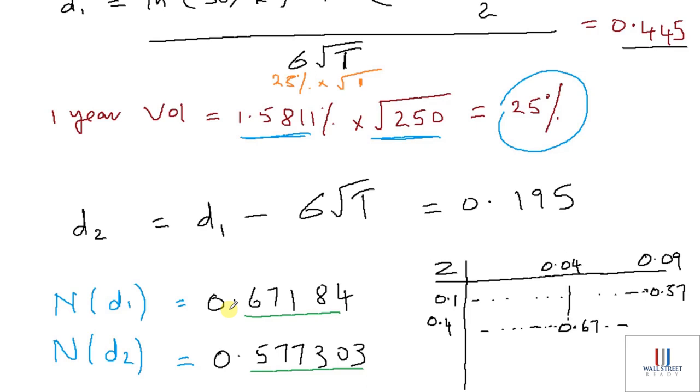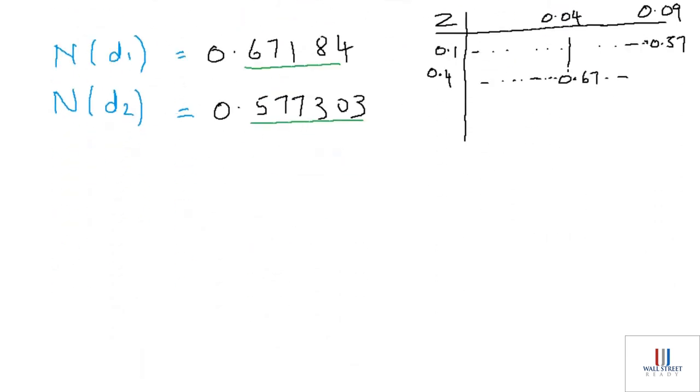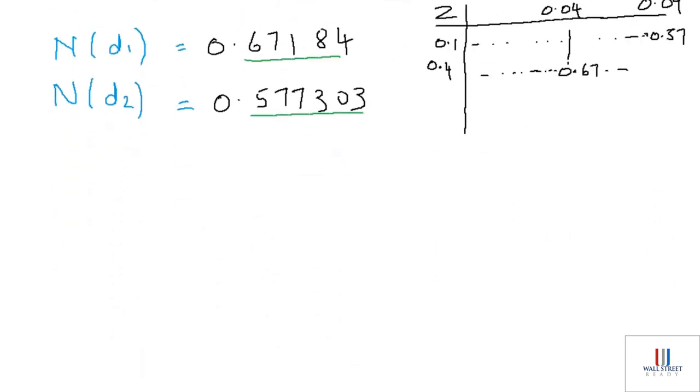So once you have your N(D1) and N(D2), you simply use your European call option formula according to the Black Scholes model. Remember we discussed this, the best way to remember the formula: the payoff is simply S0 minus the strike discounted. Today's value means today's stock price S0, and a European call option can only be exercised at maturity.